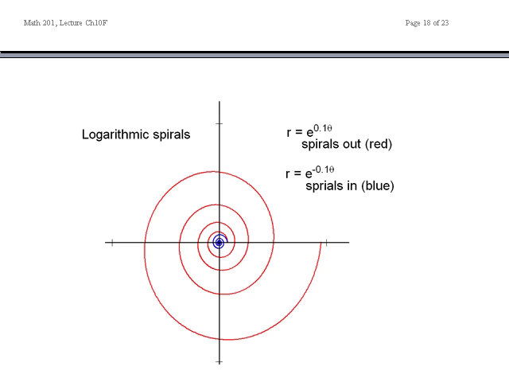Here's an enlarged picture of that graph of the logarithmic spiral. And this property that we're talking about, well, first of all, note that the spacing between the arms is not constant, as it was with the Archimedean spiral. But the property of this spiral is that for constant angle, let's say theta equals 0 in this case.